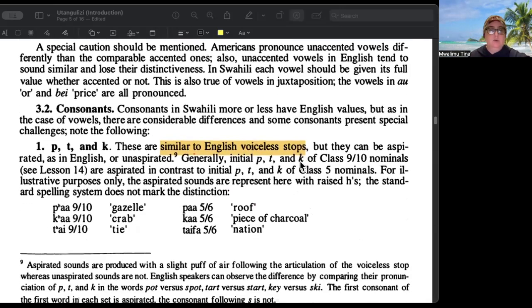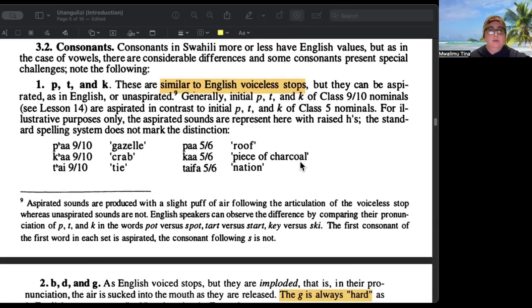Let's get into consonants. These are also similar to English. There's very slight nuance, but for the beginner, it suffices to say that they are roughly the same as English.